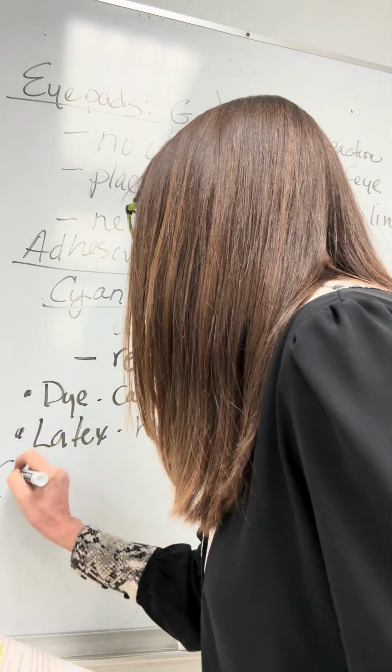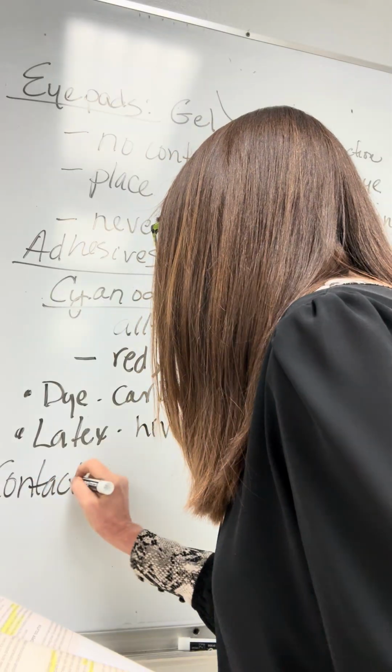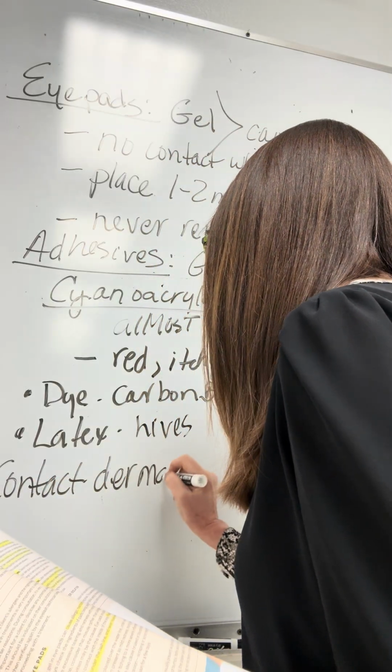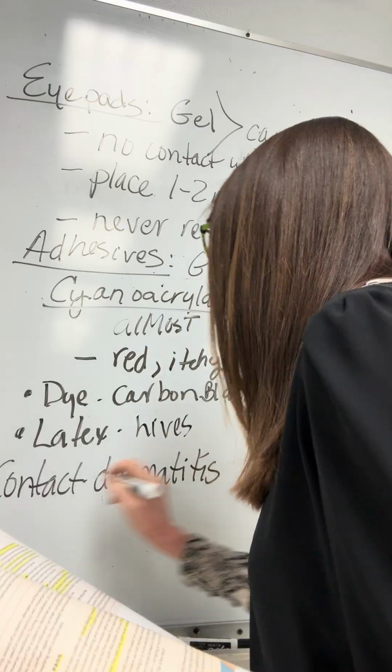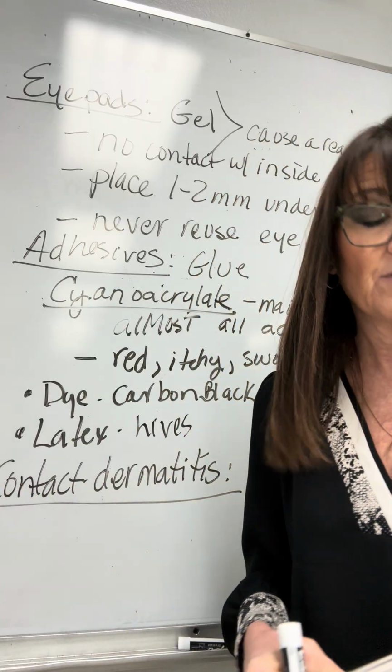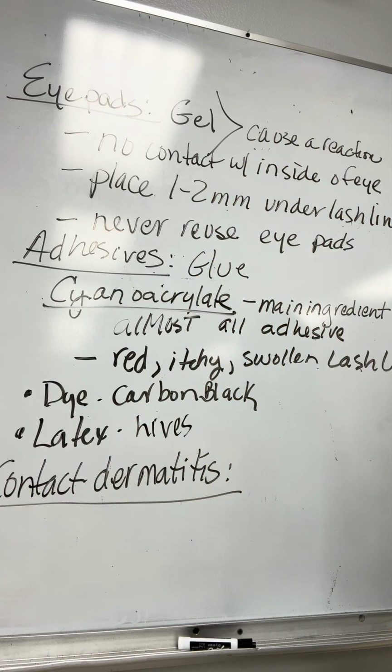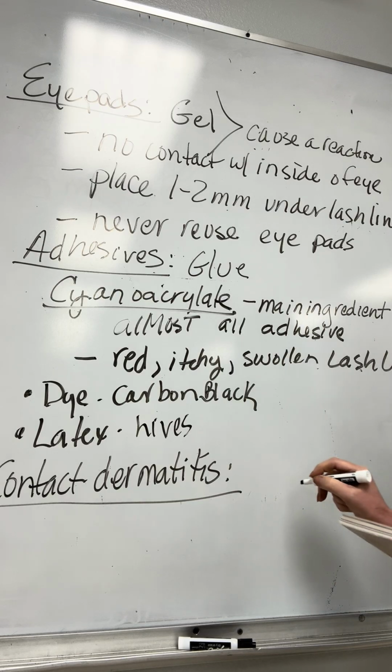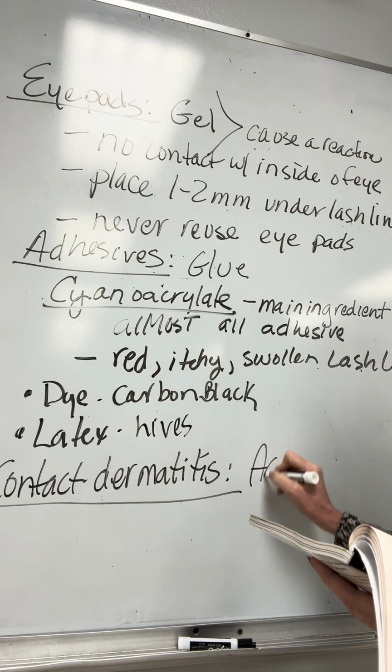If it's contact dermatitis, something has come into contact with the skin that is causing a reaction. A sty could develop if an eyelash extension is able to touch the skin, causing irritation and red inflamed localized pain.